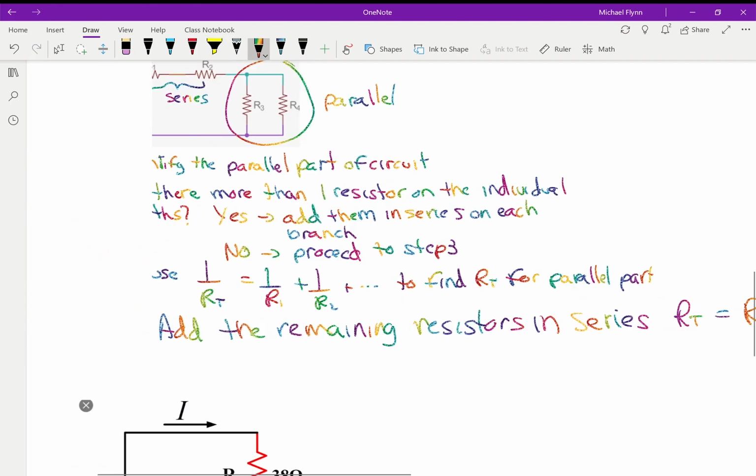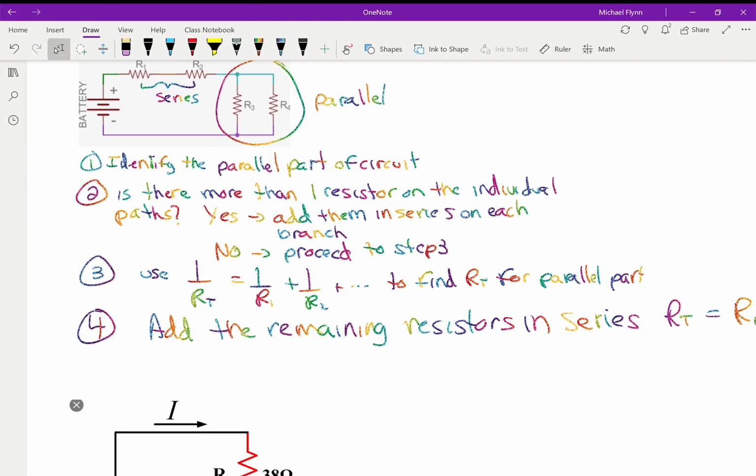Okay, so that's how you find the total resistance in a series parallel circuit, and that's actually the first step in solving the circuit. So let me show you an example.